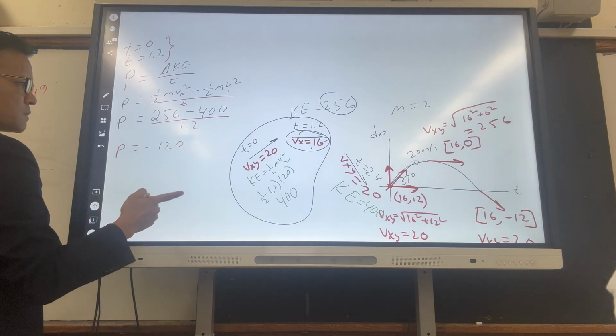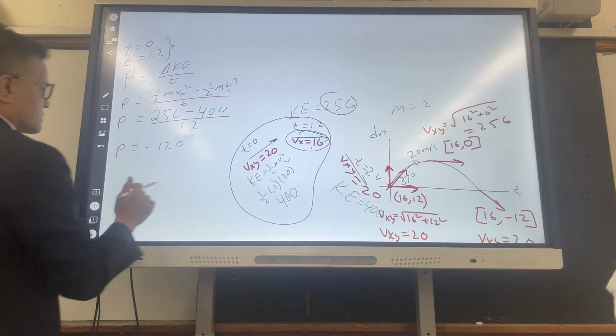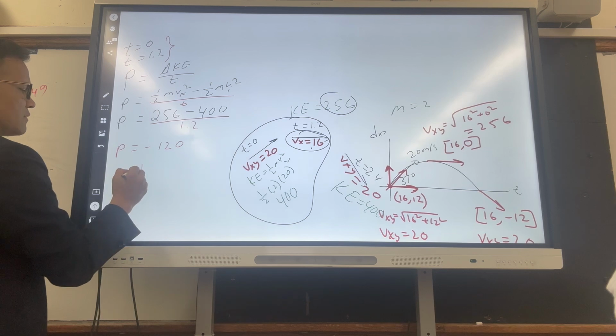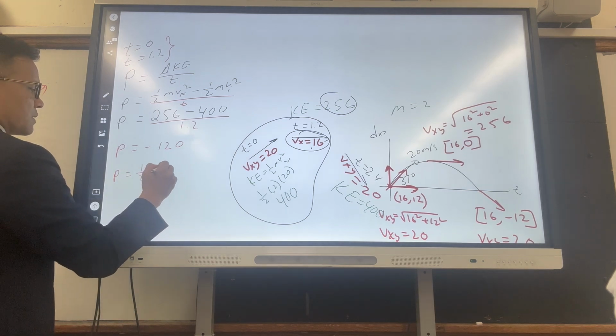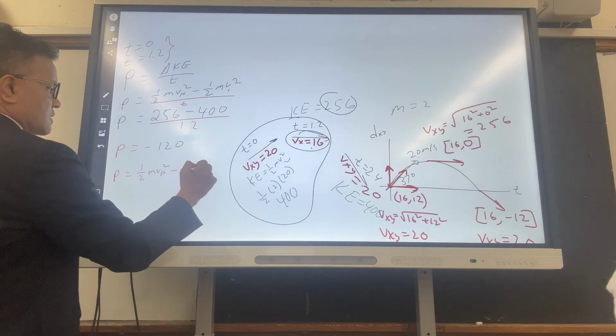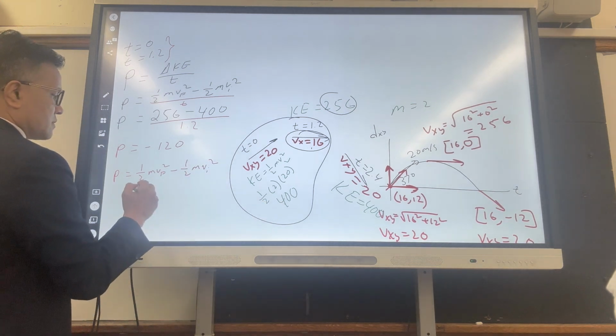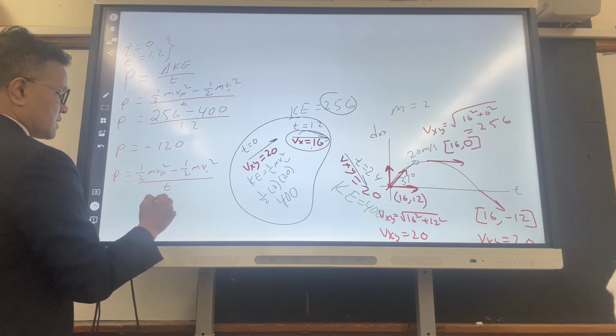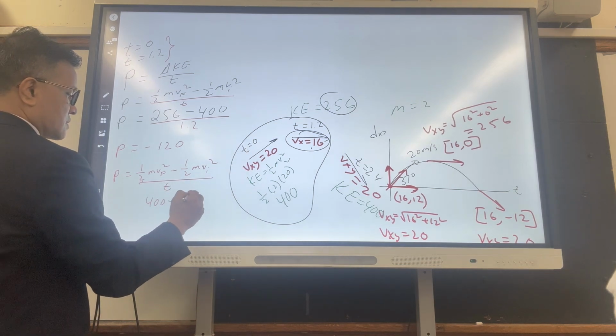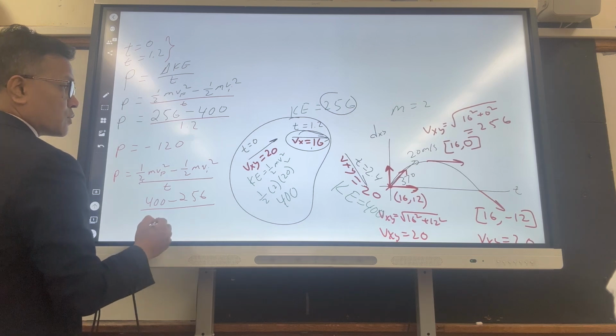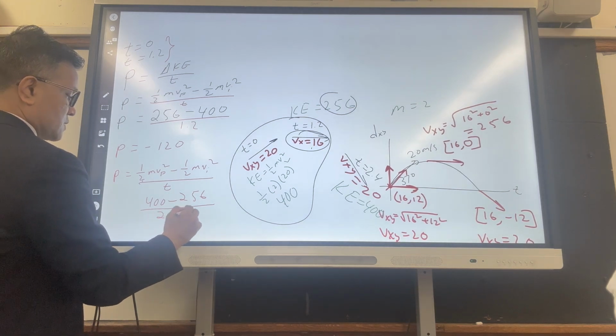And for the other one, power is equal to half mv final squared minus half mv initial squared. The final is 400, so 400 minus 256 divided by 2.4 minus 1.2.